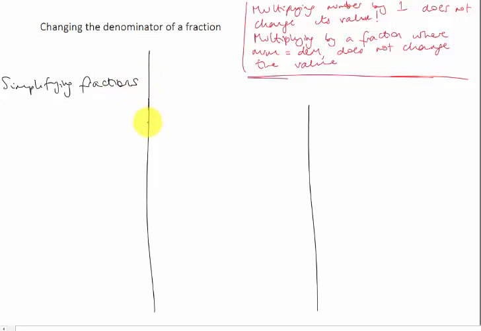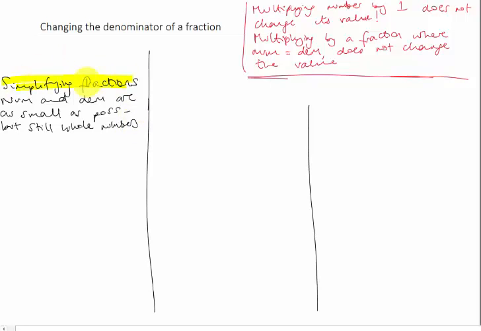Here what I mean by that is that the numerator and denominator are as small as possible while still being whole numbers, integers. Okay, so this is the first thing I'm going to talk about, simplifying a fraction.